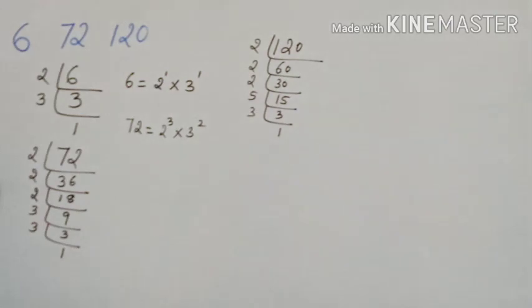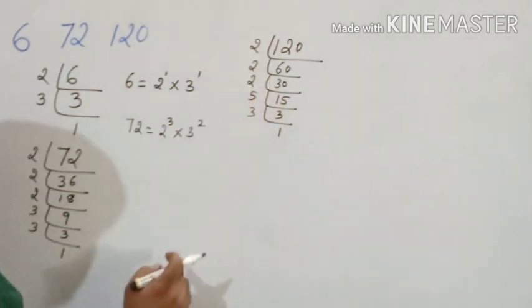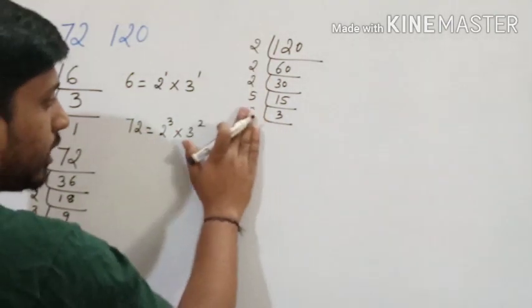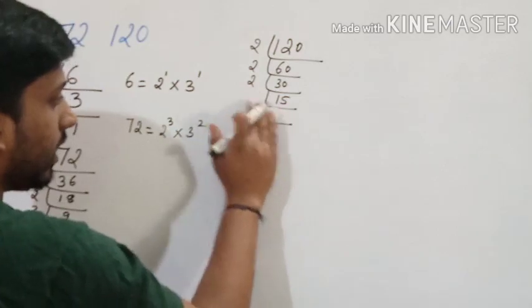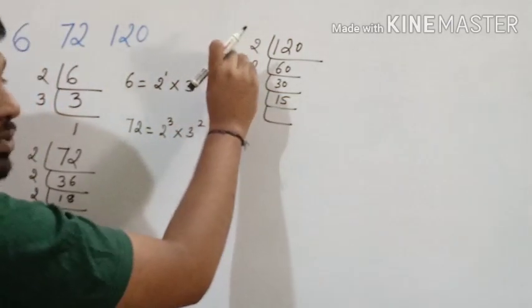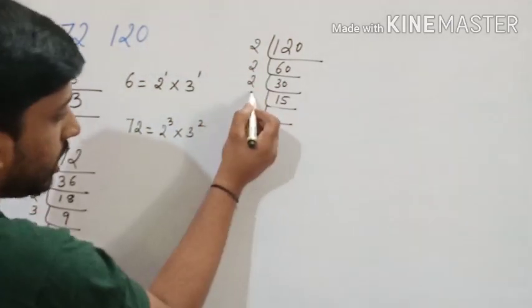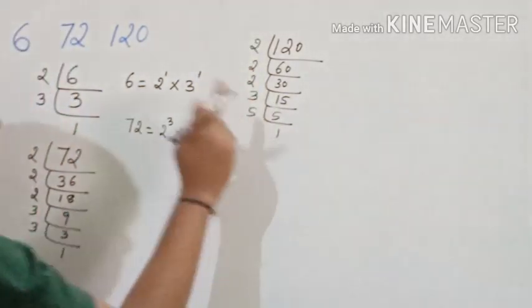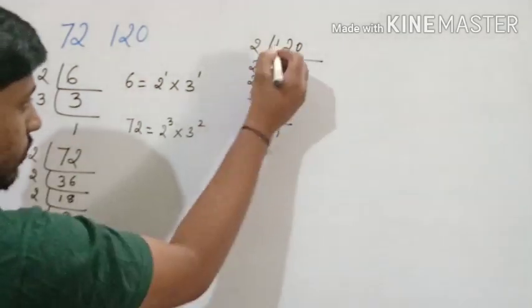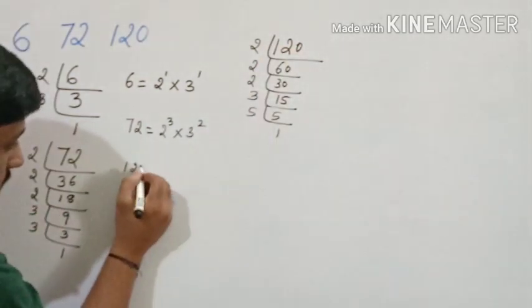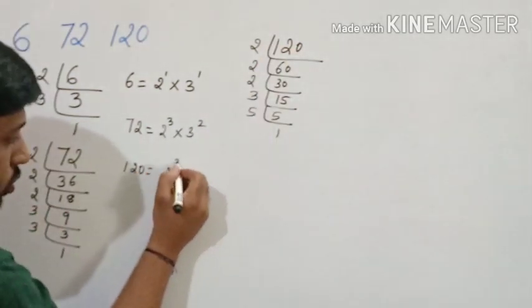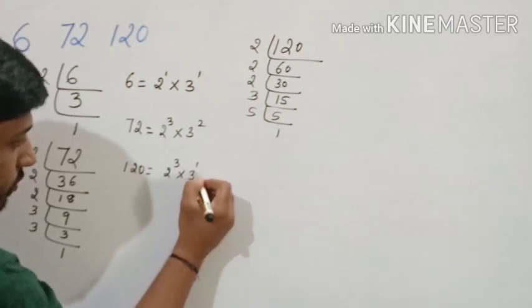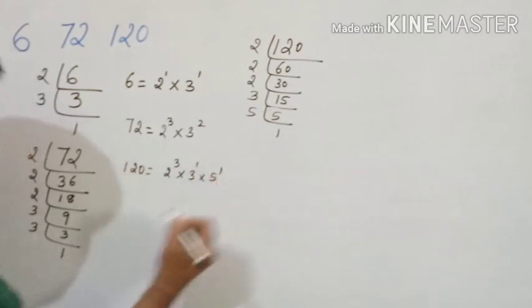So sorry, let me start with a 3. Always from the least prime number you go on dividing. 3 5s are 15 and 5 1s are 5. So this is okay now. And now for this 120, I will be taking 2 cube into 3 to the power of 1 into 5 to the power of 1.